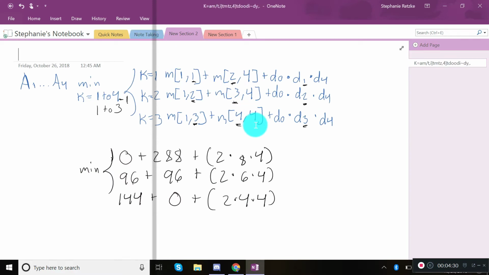So you can't look at them at the same time unless you've written them down, which good on you. Okay. Using a handy dandy calculator, this is 352, 240, and 176, if I can write correctly. So 176 there is the smallest value, as you can see. So 176 is our chosen one.